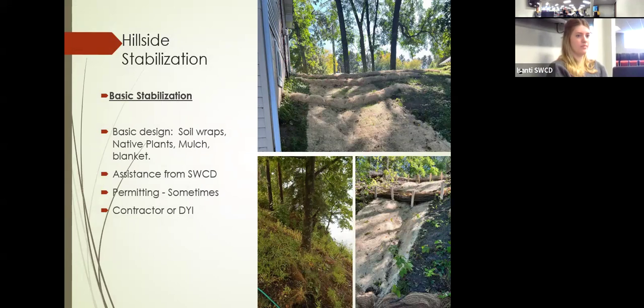These pictures show we use core logs and soil wraps. If you don't know what those are, core logs are like coconut fiber or something that could biodegrade. But you create these tiers along the flow path. Everybody know what flow path is, like where you see a stream going, creating that gully.